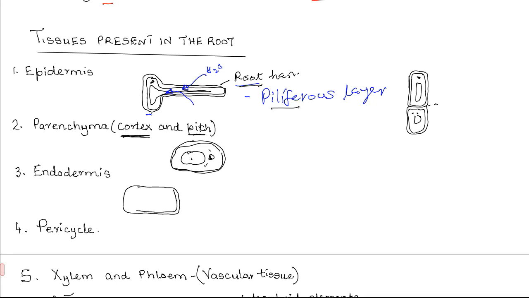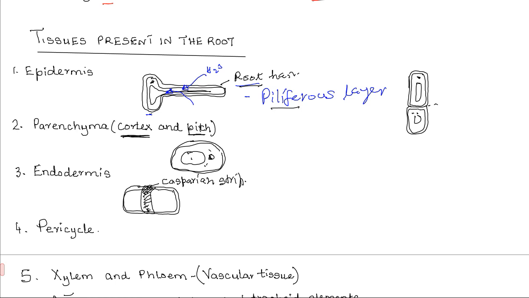And then secondly, there is a woody band of material on the outer surface known as the Casparian strip.